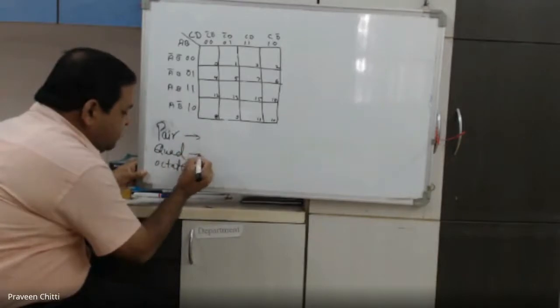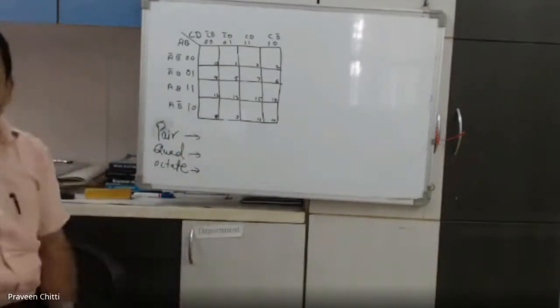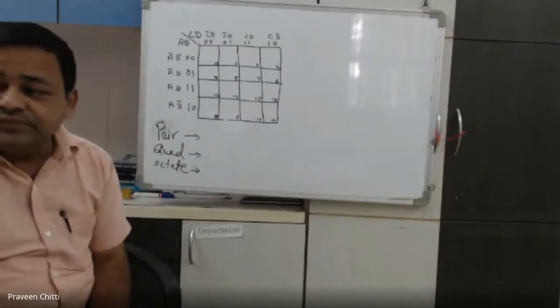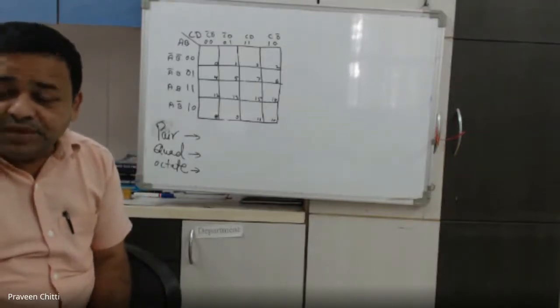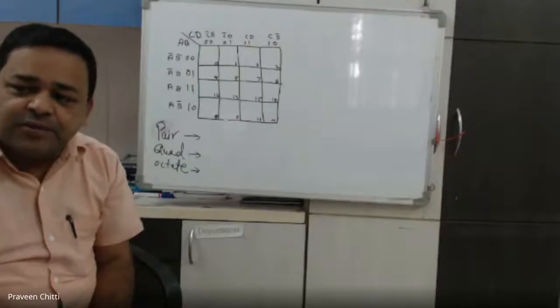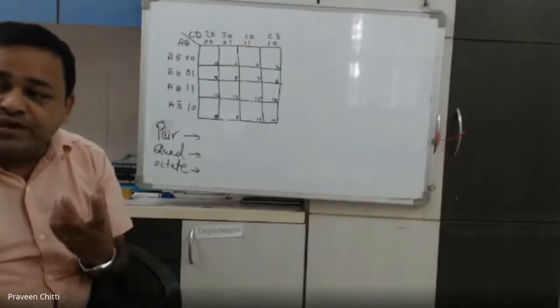Now what do you mean by pair, quad and octet? As the name itself indicates. Can anybody tell me what you mean by a pair? A group of 2 adjacent ones is called a pair in terms of K-map. Similarly, what do you mean by a quad? A group of 4 adjacent ones.